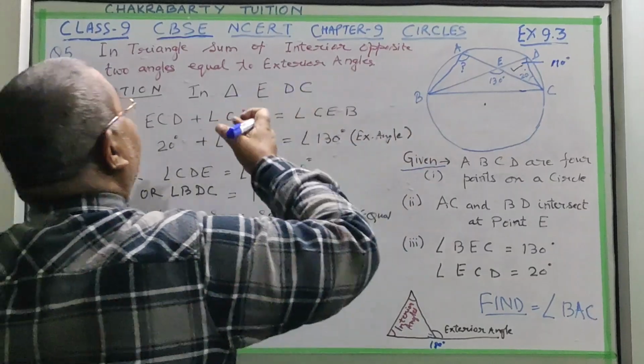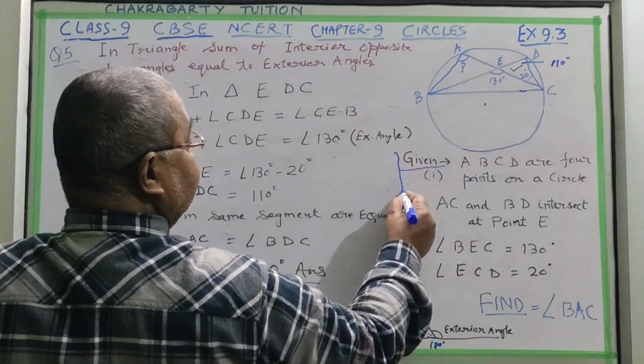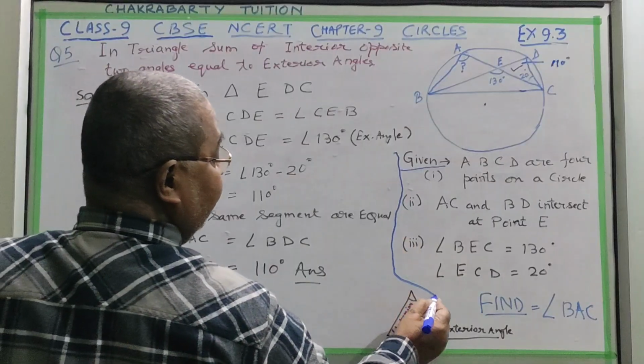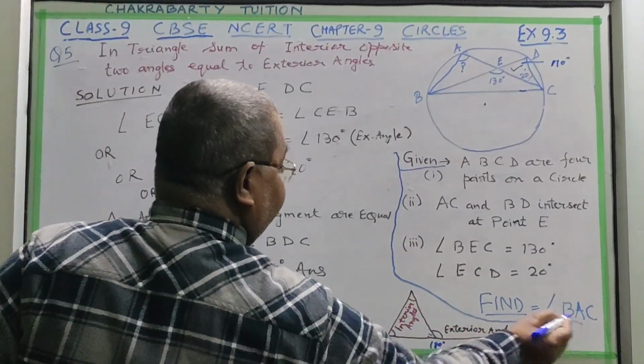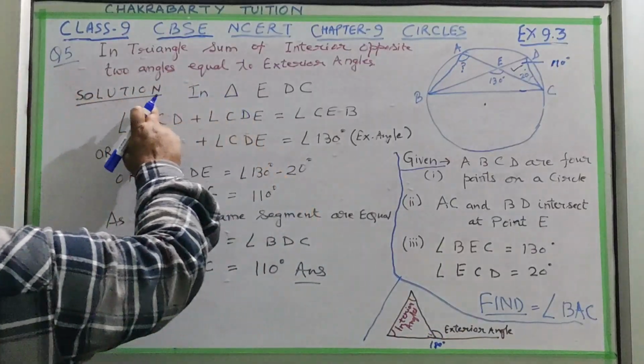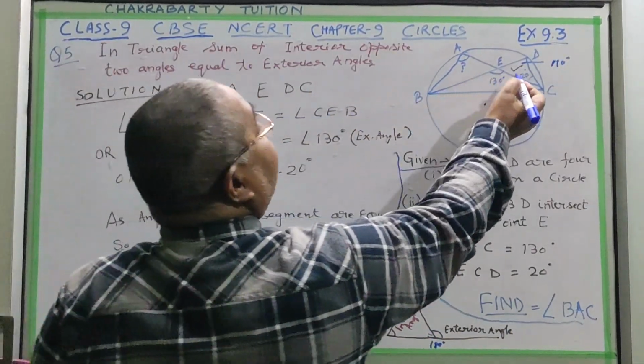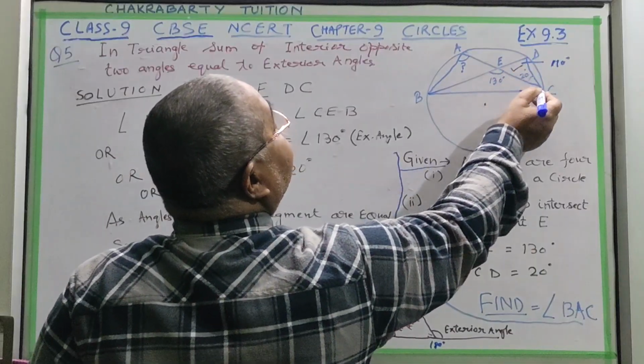So we are going to solve it in writing. Okay. So this is given here. It is given and you have to find it. And this is the extra thing I told you. You can write the solution: in triangle EDC, this smaller triangle EDC we are taking.